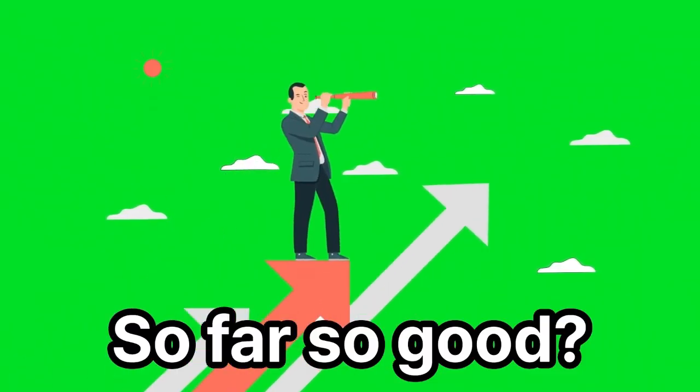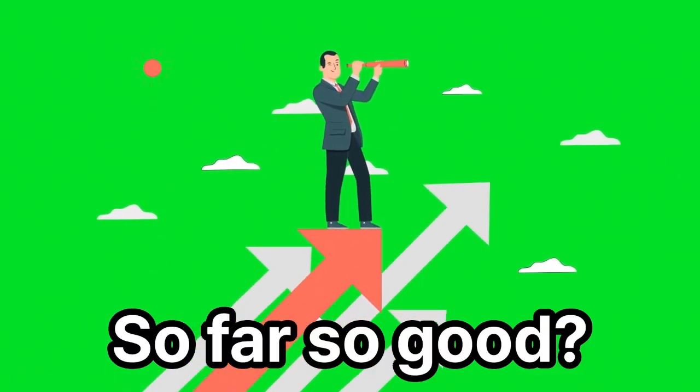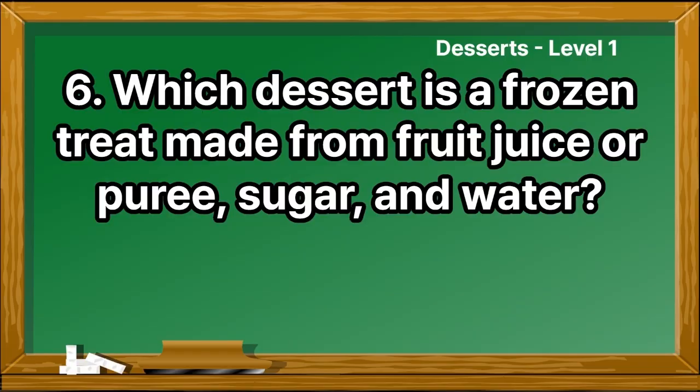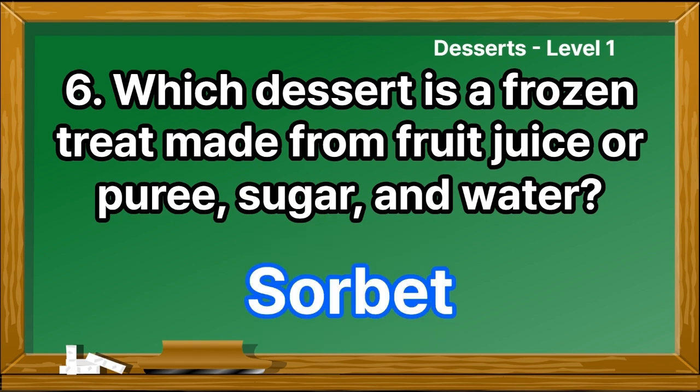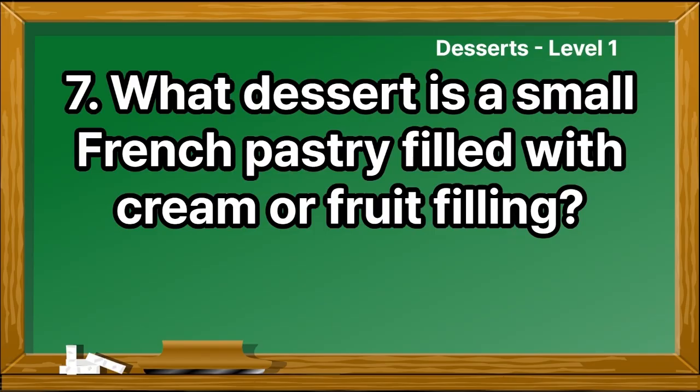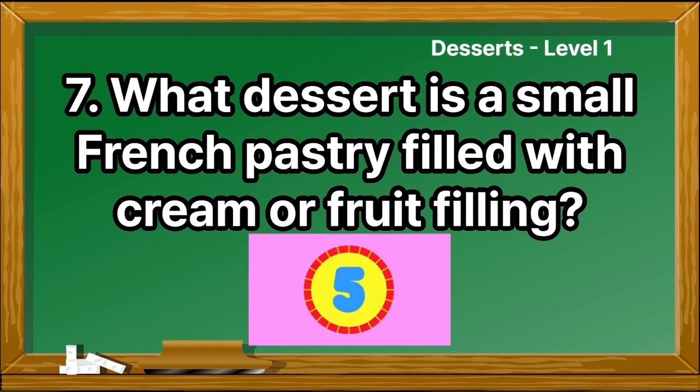So far so good? Which dessert is a frozen treat made from fruit juice or puree, sugar, and water? Sorbet. What dessert is a small French pastry filled with cream or fruit filling? Eclair.